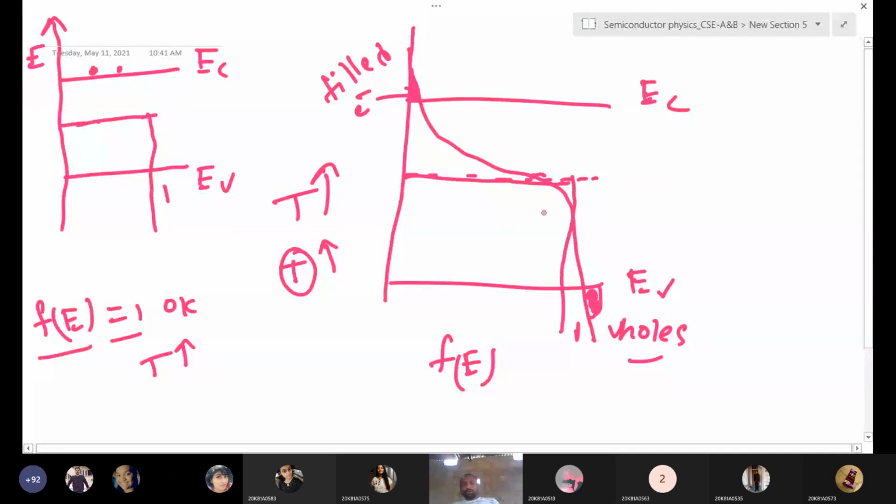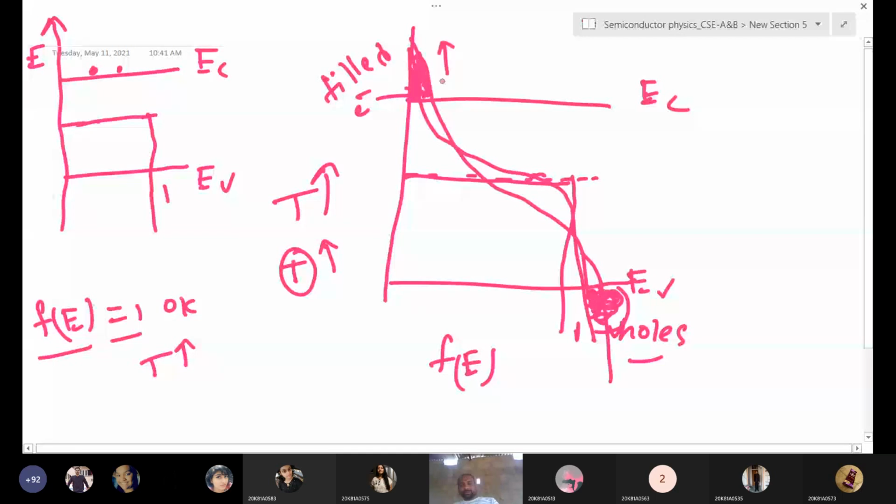So this area is increasing with temperature, and this area is also increasing. That means more free electrons are available in the conduction band, and more free holes in the valence band. Carrier concentration is proportional to the temperature, and EF is also proportional to the temperature.